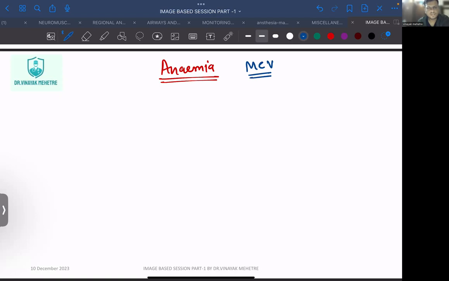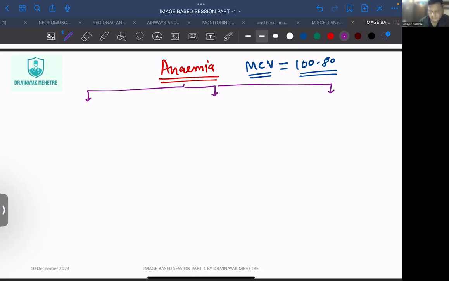What is the value of mean corpuscular volume? Normally how much is it? It is 80 to 100. We will divide this into 3 categories. Cell size is defined by this, that is by mean corpuscular volume, right?